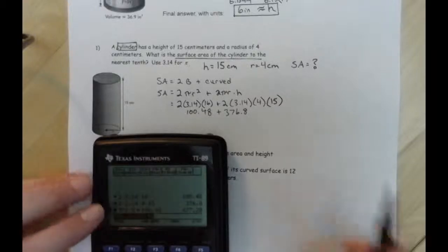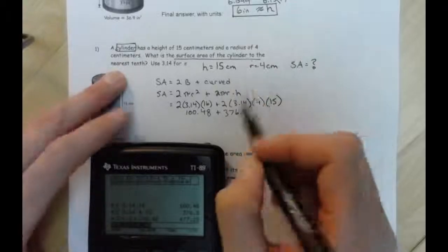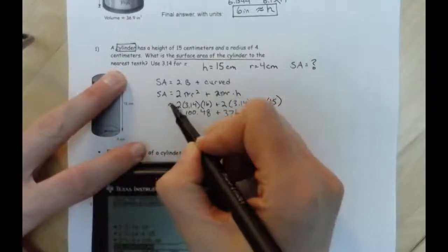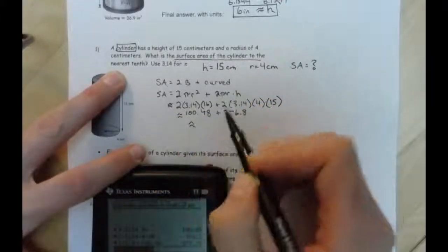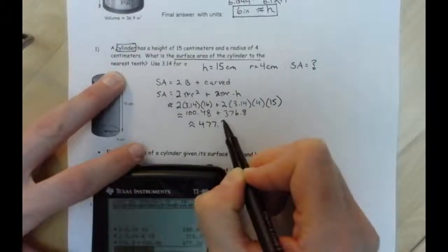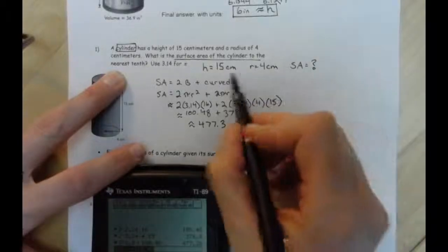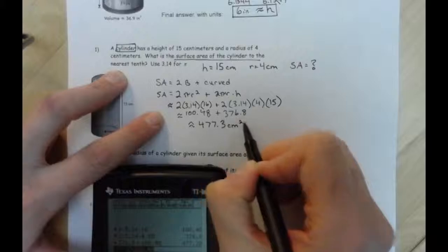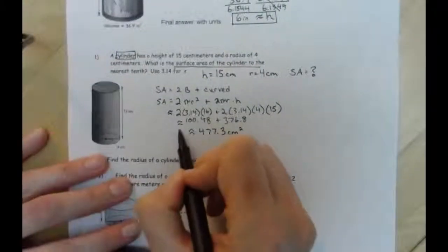And when we sum those two together, it says round to the nearest tenth, so we end up getting, oh, and these are approximations because we plugged pi in. We end up getting 477.3. I'm going to round that up. Our units are centimeters, and this is surface area, so it should be centimeters squared for area. So there we go.